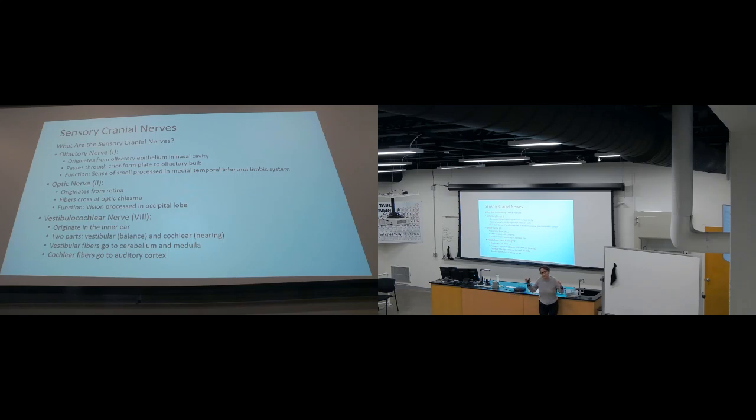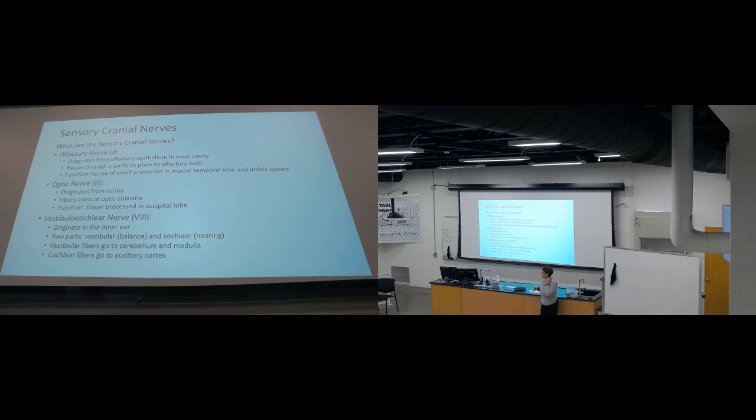And then part of the right side crosses to the left, and part of the left crosses to the right, which will be the medial side of this nerve. The lateral side just runs ipsilateral. And then it makes a synapse at the lateral geniculate nucleus in the thalamus. And then from there, we have the optic radiations that go to the primary visual cortex, which is located in the posterior region of the occipital lobe.